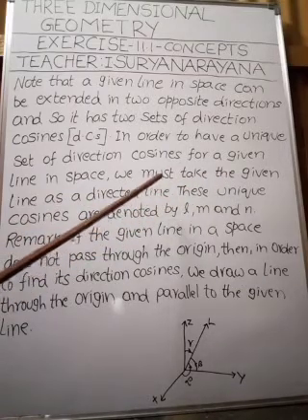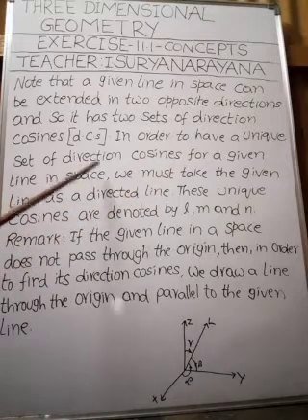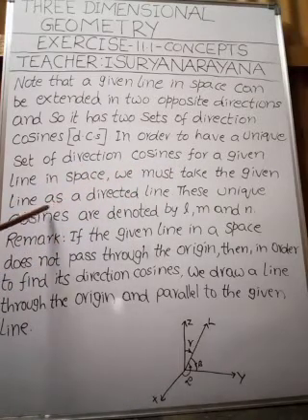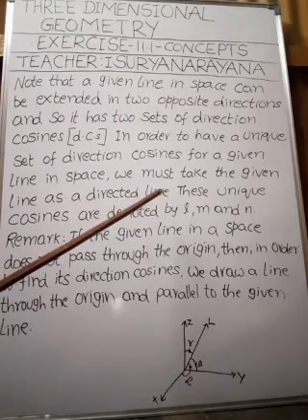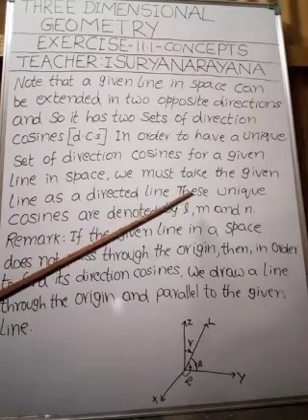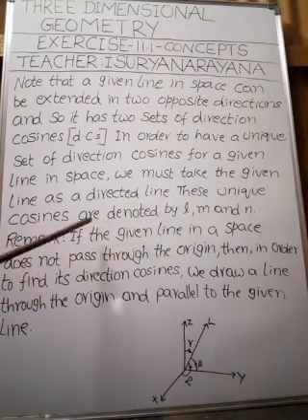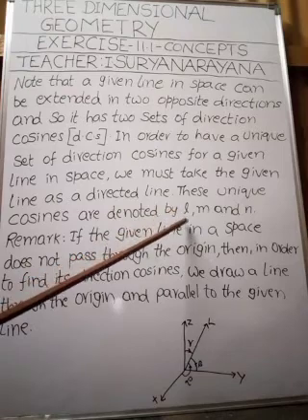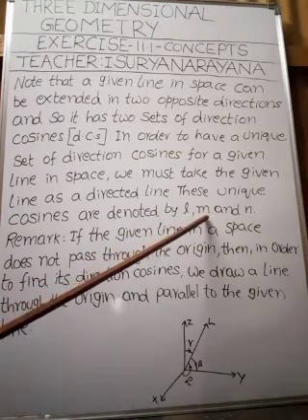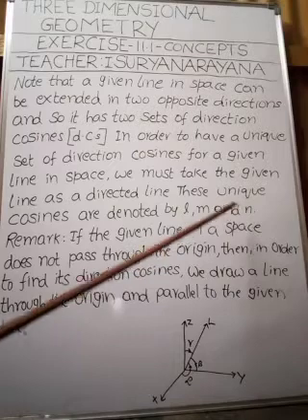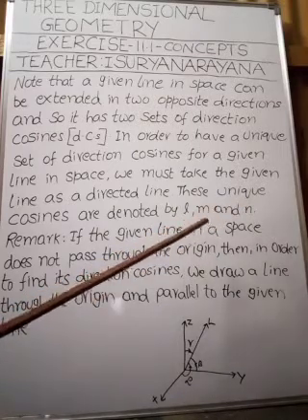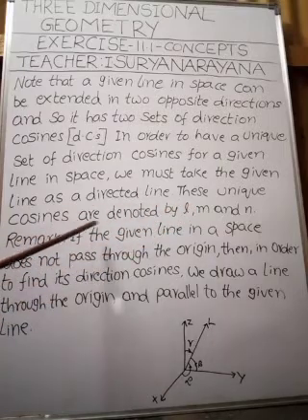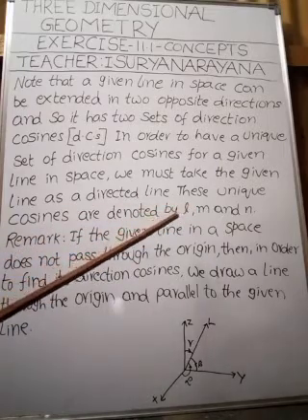To take a unique set of direction cosines, we take a directed line, not just a line. Understood the difference between a line and a directed line, my children? These unique direction cosines are denoted by small l, m, and n. So l, m, n denote a unique set of direction cosines of a directed line.